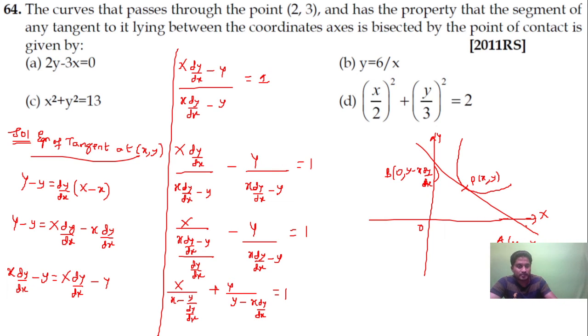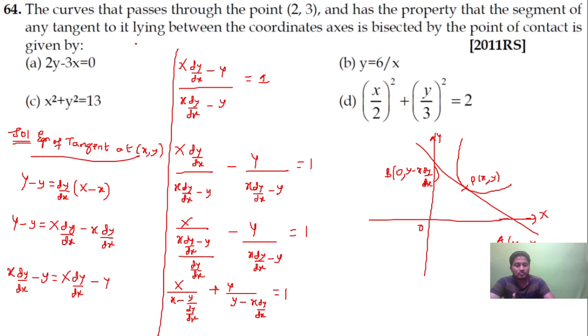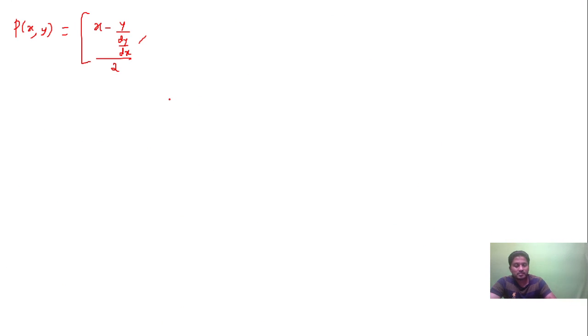So if I simplify, this is x minus y upon dy by dx. P is the midpoint of AB, right? So P of x comma y is the midpoint of AB, which is x minus y upon dy by dx, whole divided by 2, comma y minus x into dy by dx upon 2.